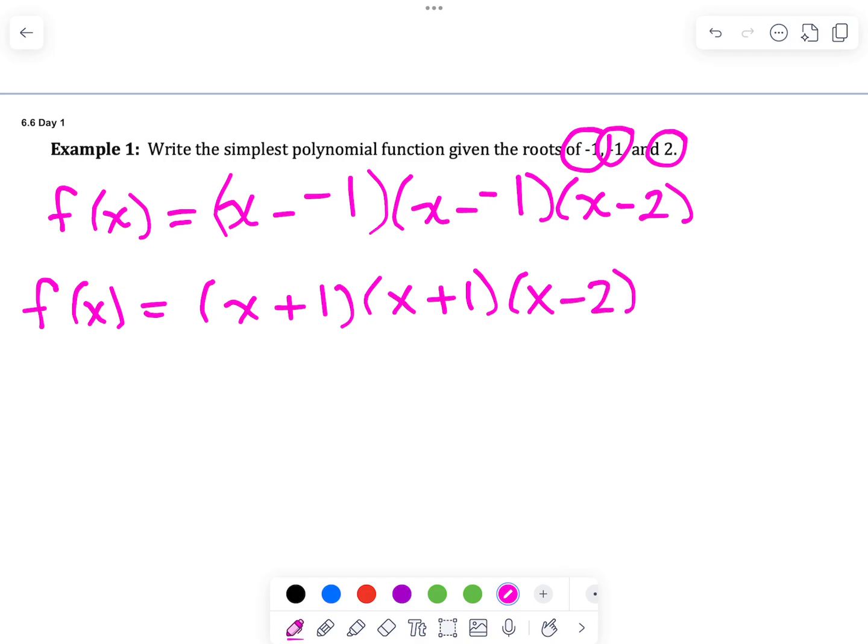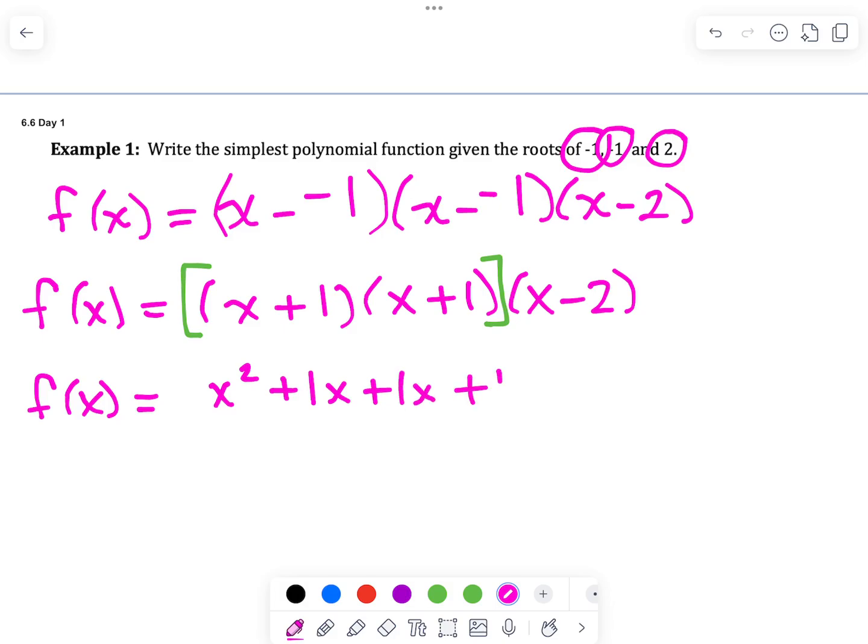Now I want to get into standard form. So we're going to first distribute the first 2 binomials. To do that, we have 2 binomials, and we're going to FOIL them. So first, outside, inside, and last.